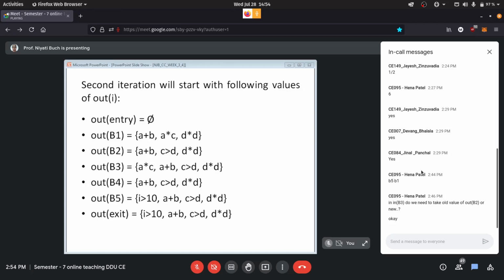Right, so do you have all these values of out set? Okay, thank you, Indrali, for confirming that you have done it. That's good to know.